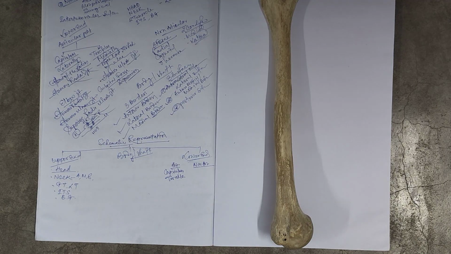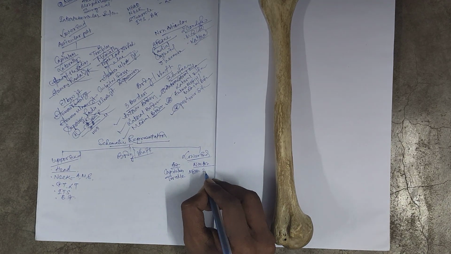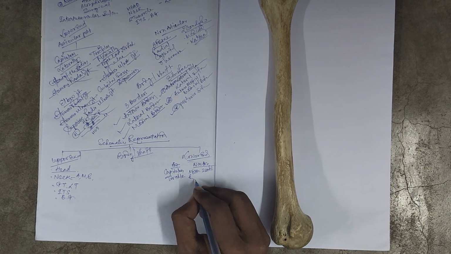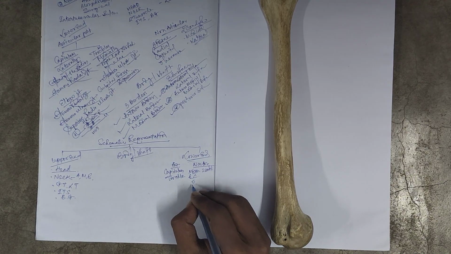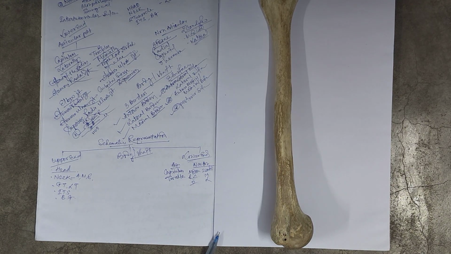And non-articular part has 3 fossae and 2 condyles: radial fossa, coronoid fossa, olecranon fossa, and medial condyle, lateral condyle.